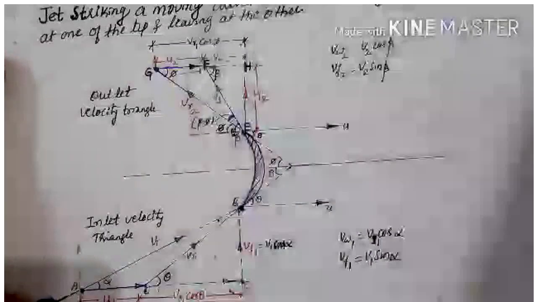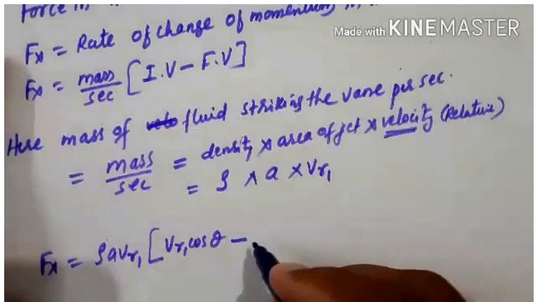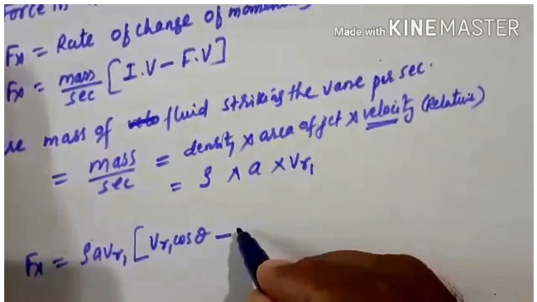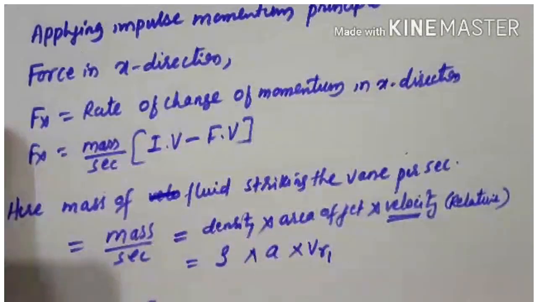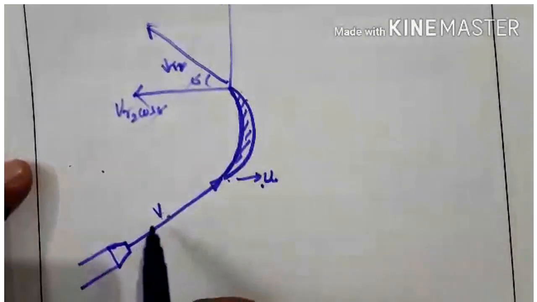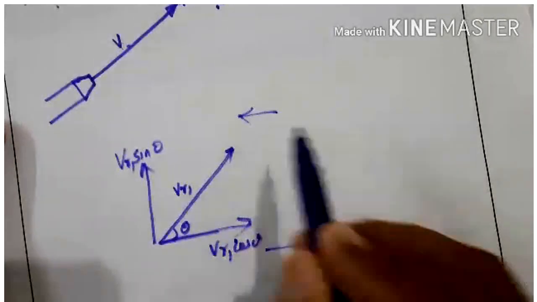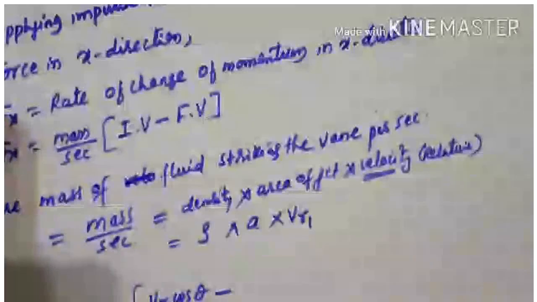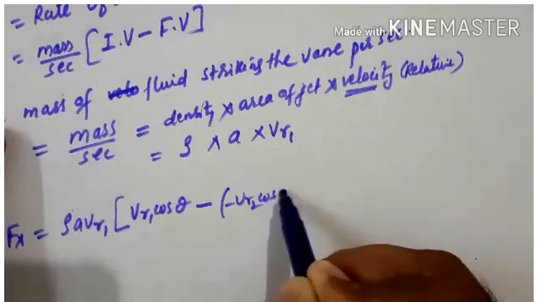I hope you understood this. Then you write the final velocity with a minus sign, because it is opposite to the direction of the incoming jet. The incoming jet is in this direction, and the jet leaves in the opposite direction. So you have to write minus of minus VR2 cos phi.